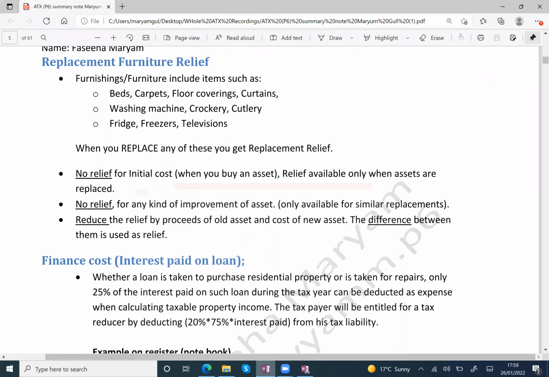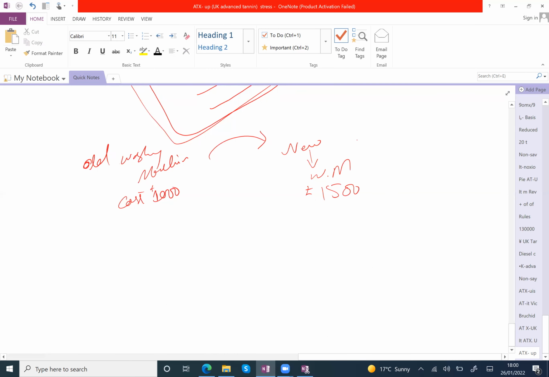The point is saying no relief for any kind of improvement of asset. So you are buying a new improved asset and it costs £1,500. So how much relief is restricted? I think it's restricted to 1,000.